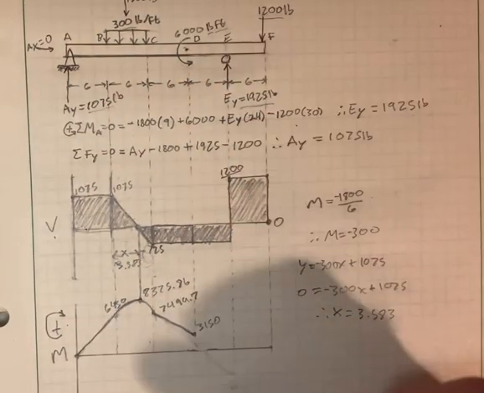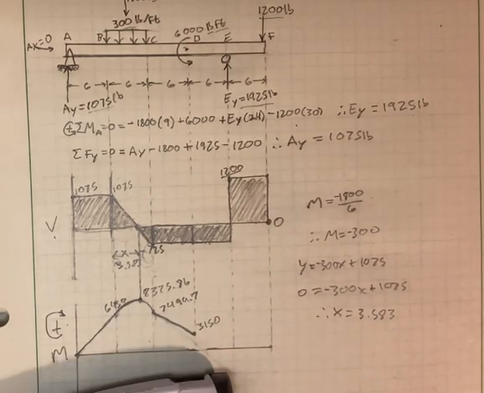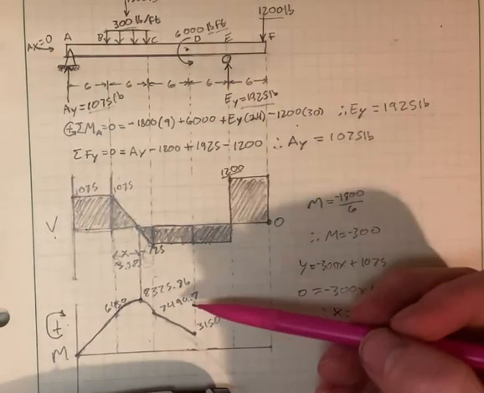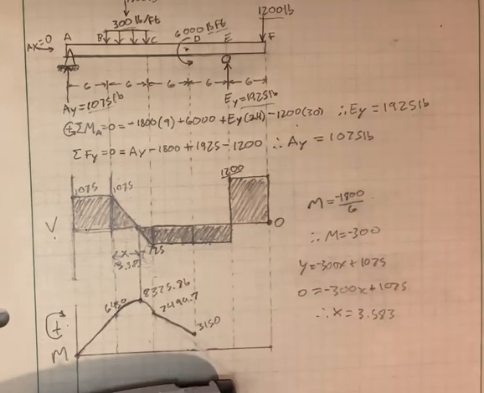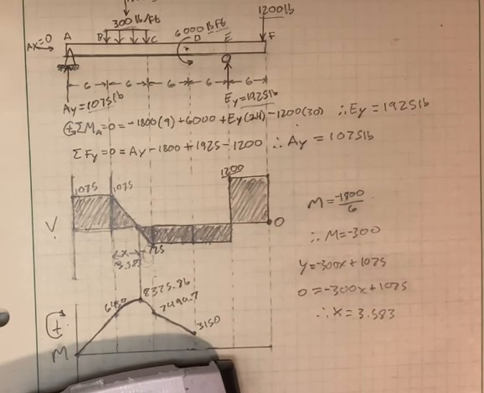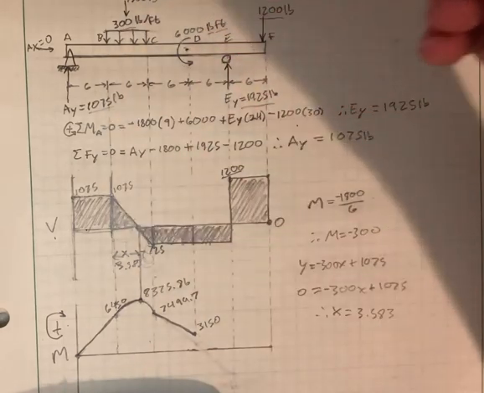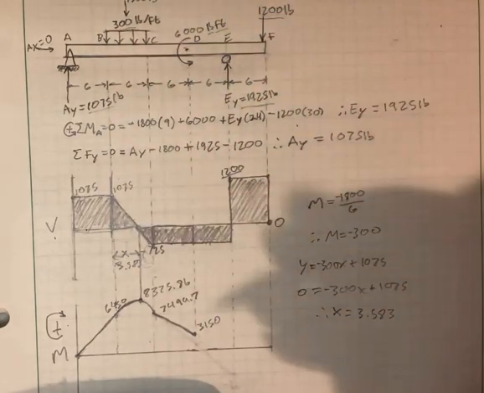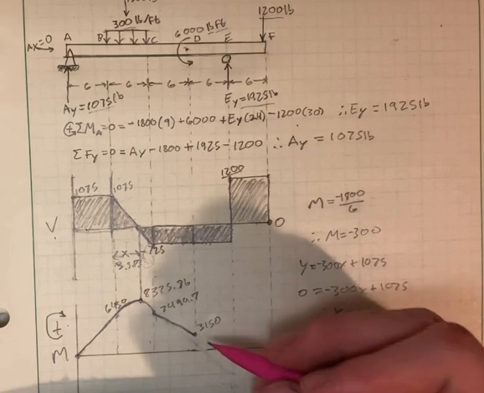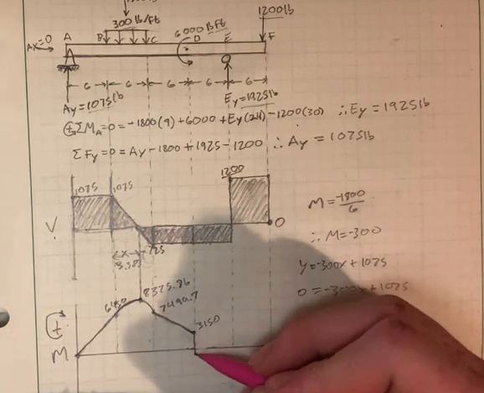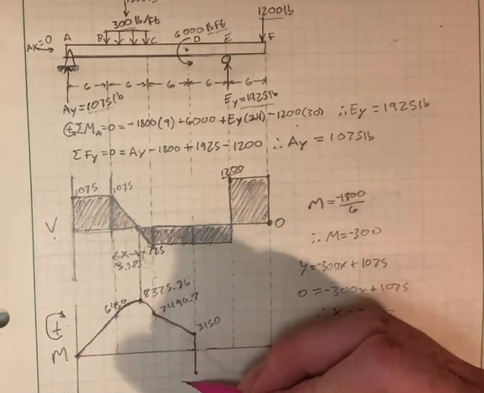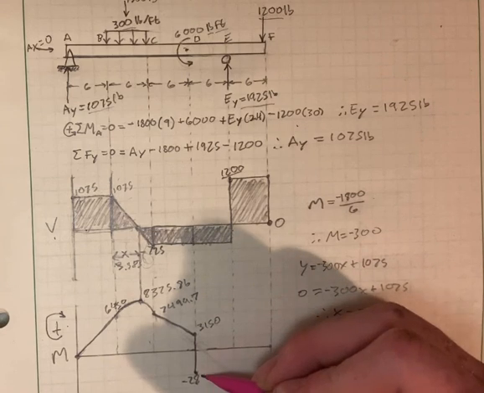So that's going to be a jump down 6,000 pound-feet. So our value here, 3150, from where we were, minus 6,000. You always work from where you were, add or subtract the thing that you're dealing with, from where you were in your work. So that's going to jump us down to negative 2850.